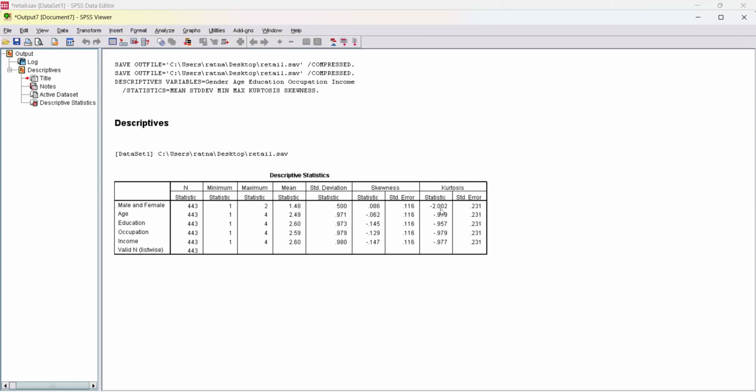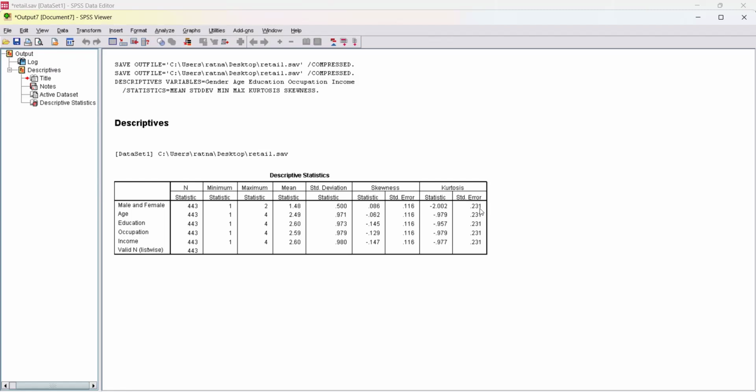But for the kurtosis, a high negative value indicates a platykurtic distribution, which is flatter than a normal distribution. The standard error is 0.231. So this is statistically significant for further analysis.